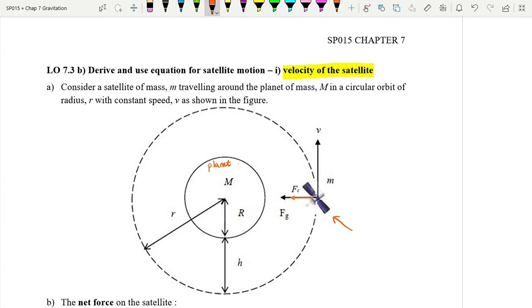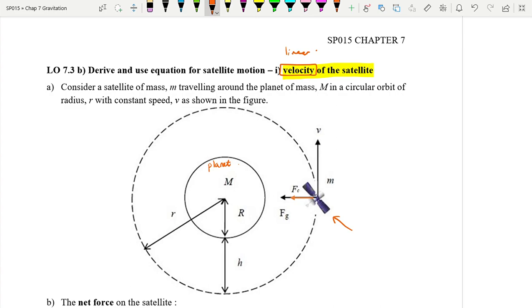Dan bila dia sedang orbiting ataupun revolving around a planet, of course dia sedang undergo circular motion. Which kita belajar tentang circular motion dalam chapter 6. So, circular motion, kita kena apply centripetal force, centripetal acceleration, dan a few formulas yang related to circular motion. So, apa yang saya nak highlightkan tentang velocity ini adalah linear velocity of the satellite.